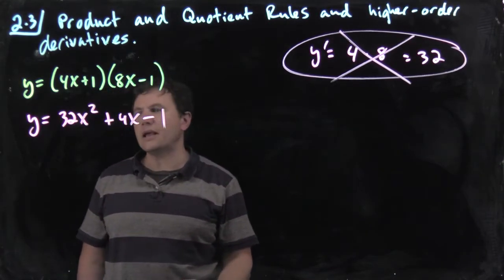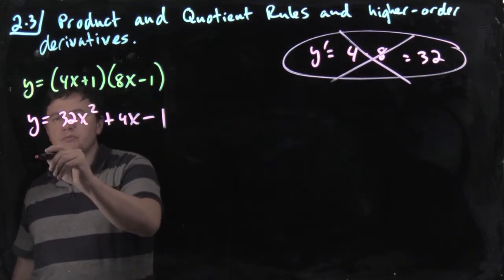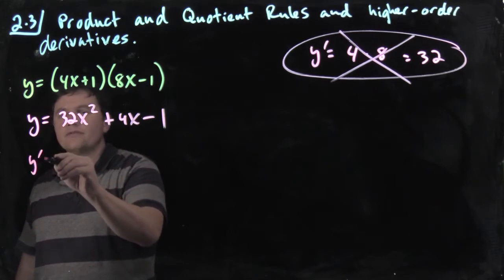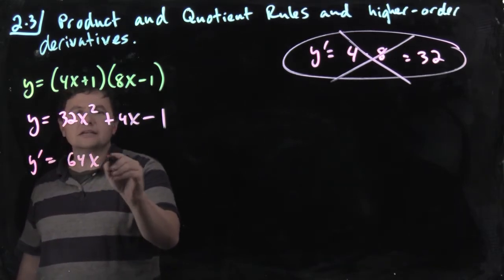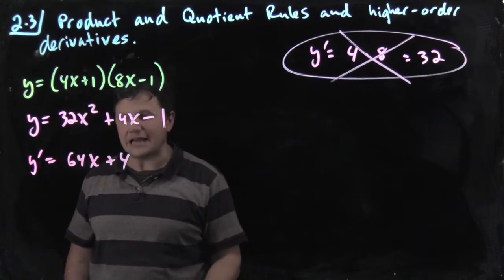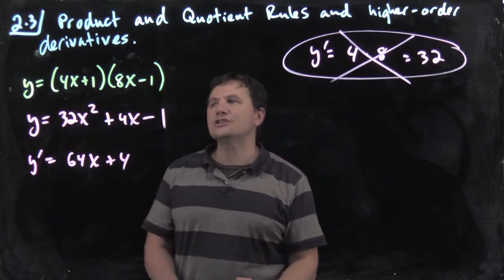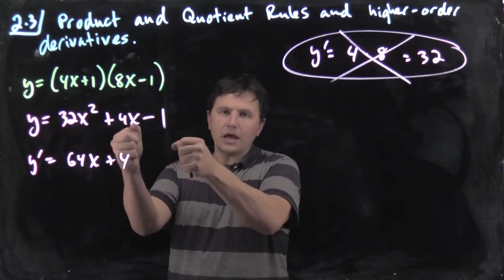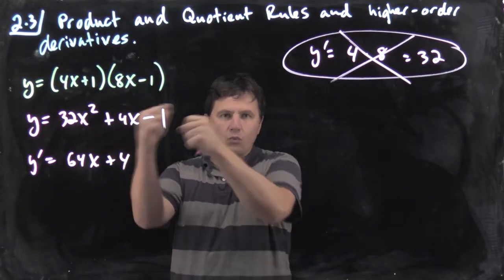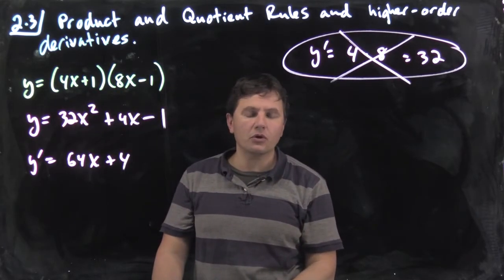Let me know if I make any errors here. A lot of room for error in today's material, a lot of arithmetic and things like that. So if I take the derivative here, I get 64x plus 4, and obviously the 32 is not the derivative. Those are two very, very different functions. So we cannot simply take the derivative of the one part times the derivative of the other part. The same is true for division.